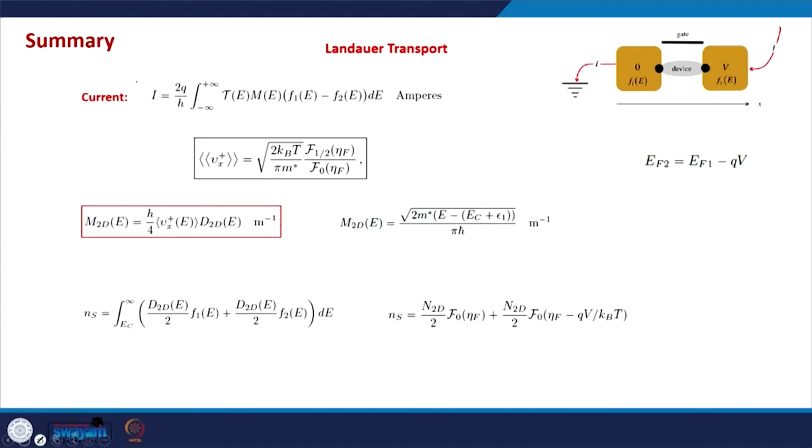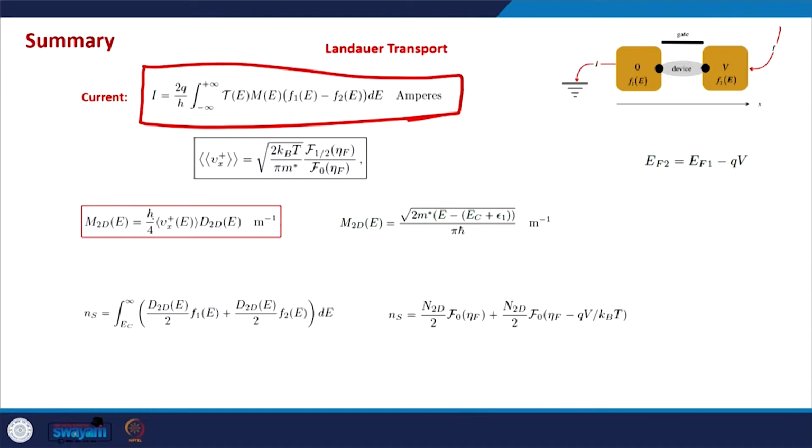Let us quickly review what we have seen so far in the last few classes. In the Landauer transport model, this is the current equation that we obtain, and it has a few important parameters.